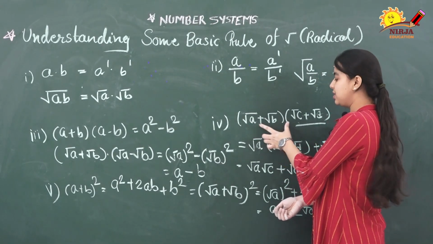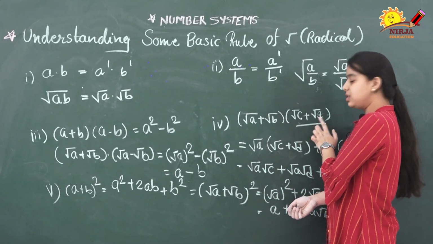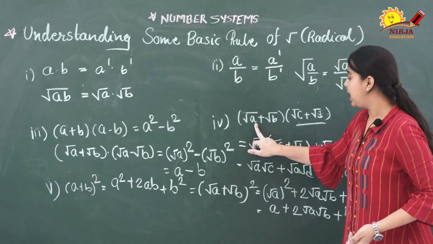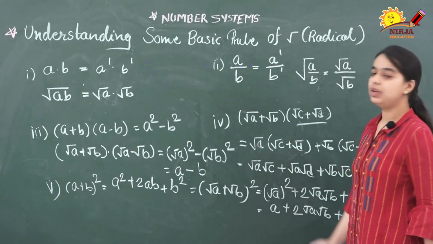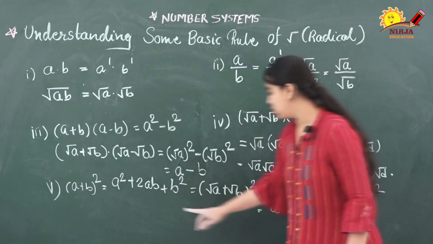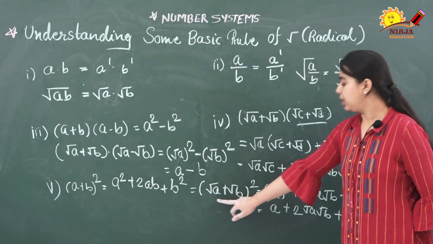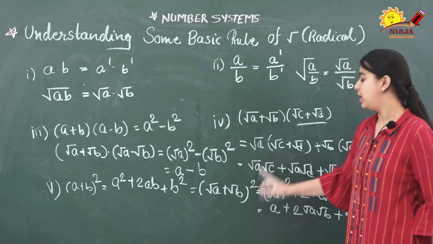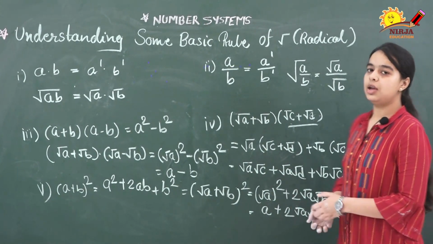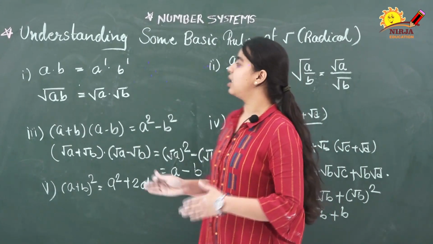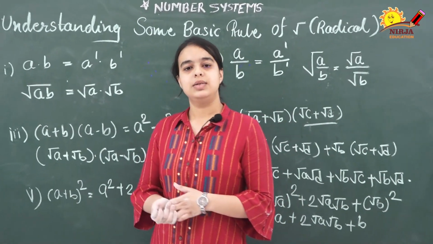Under root a plus under root b into under root c plus under root d, you need to multiply each term with the whole, simplify, and then you will get the answer. If I write under root a plus under root b whole square, then the result will be a plus 2 under root a under root b plus b. So these are some basic understandings about radical sign.